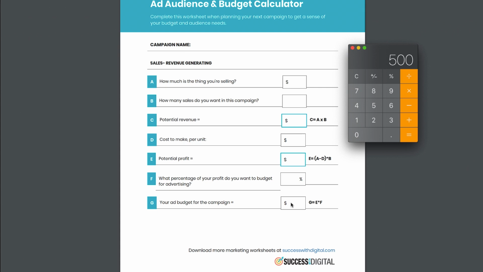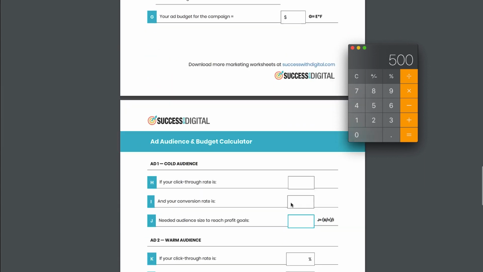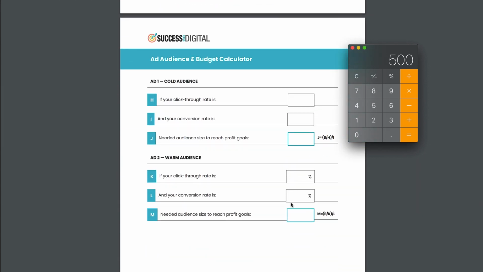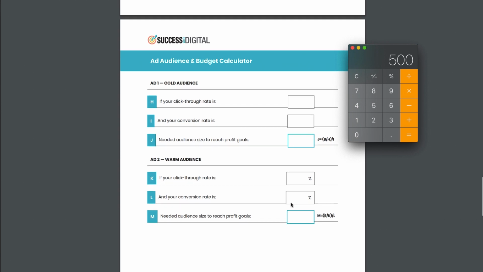So something needs to be adjusted here. And so this is where filling this out and getting a good indication about the health of your campaign and what realistic budgets and audiences would be is really important.